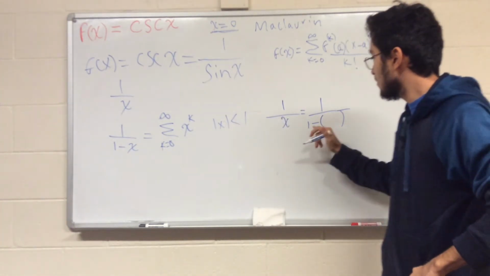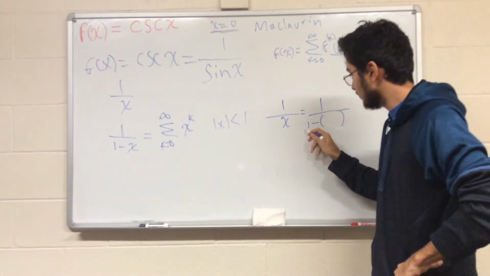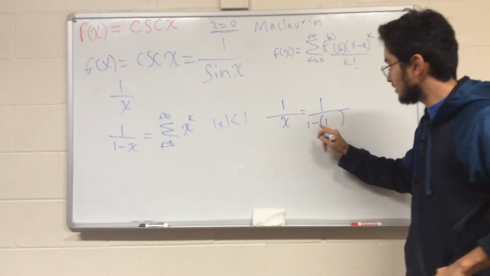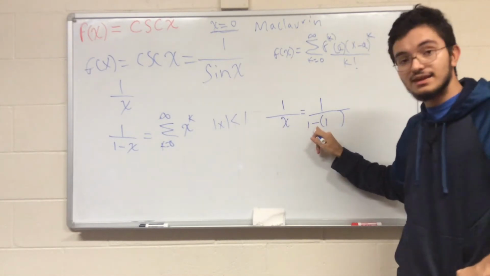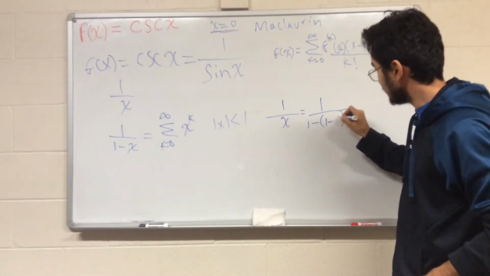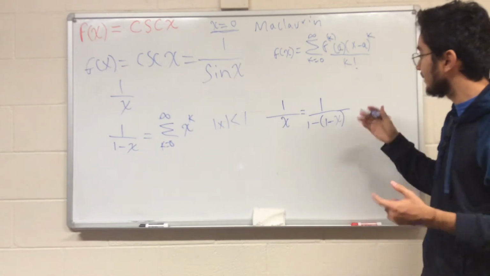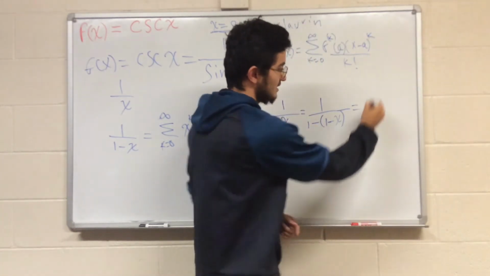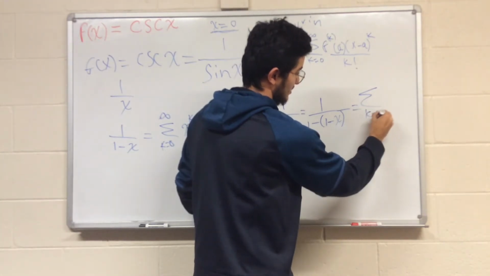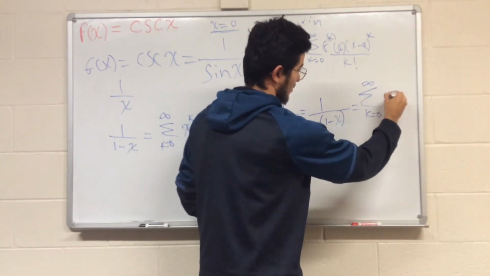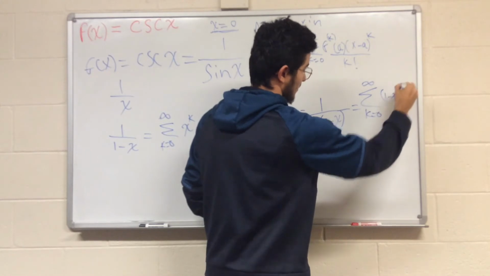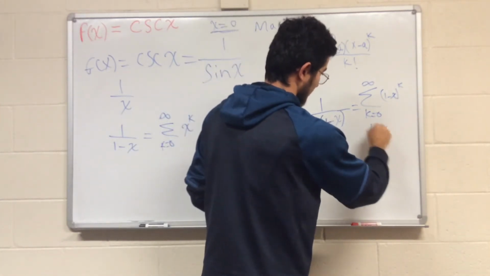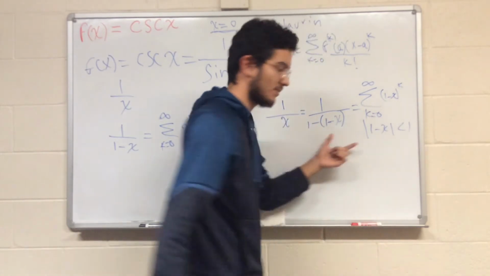So how do we get rid of the 1 over here? We just subtract 1, so we put 1 in here. And to make x positive, since we already have a negative, we subtract an x inside. So this means it will be the series, the sum from k equals 0 to infinity of 1 minus x to the kth, which converges for the absolute value of 1 minus x less than 1.